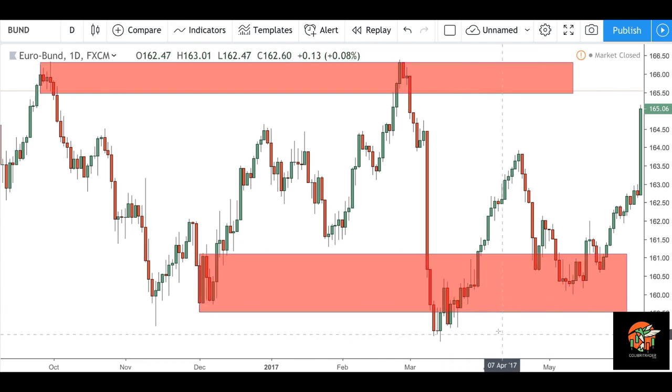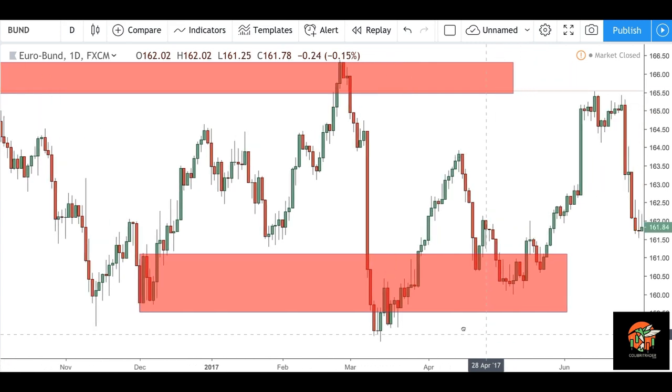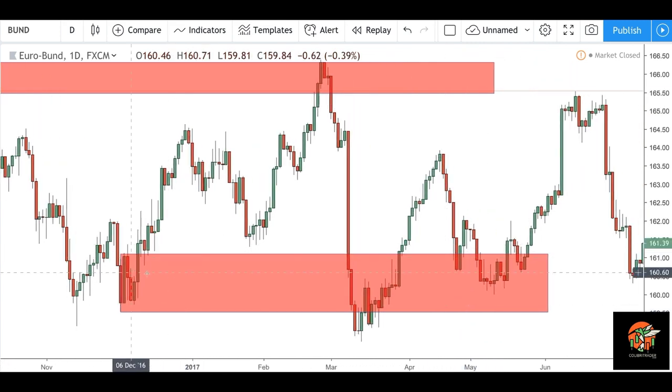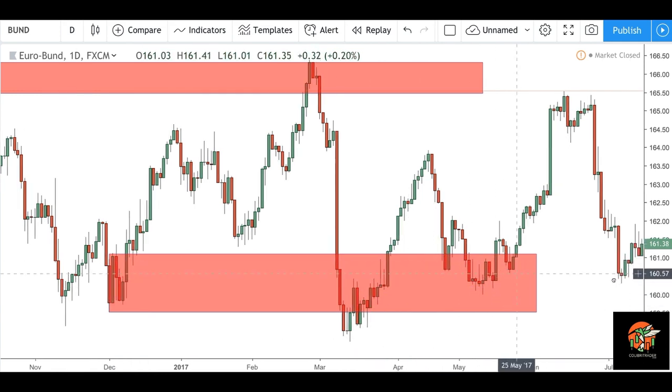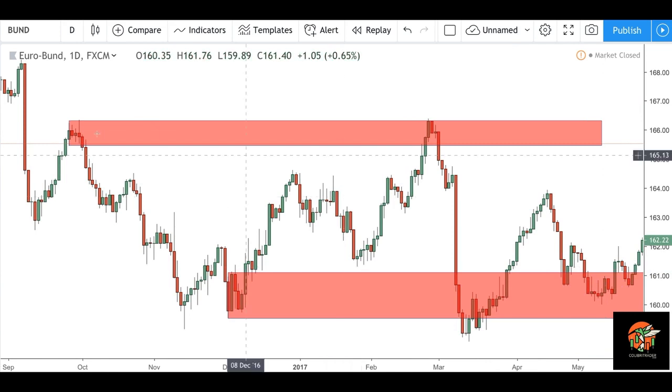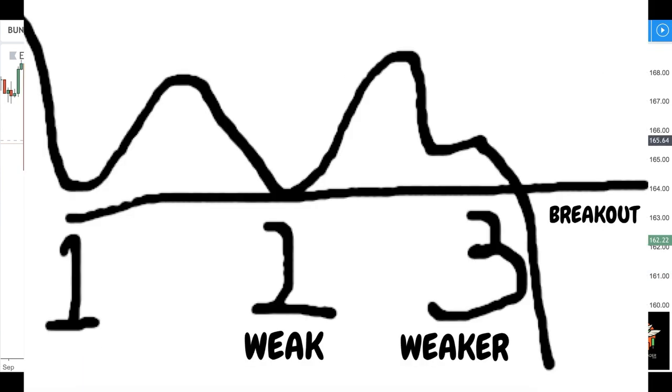So another characteristic of the supply and demand zones is that you need to take into consideration that the more times a supply or demand level has been reached, the weaker it becomes. So for example, here you have 1, 2, 3 times, and the same goes with the supply area.